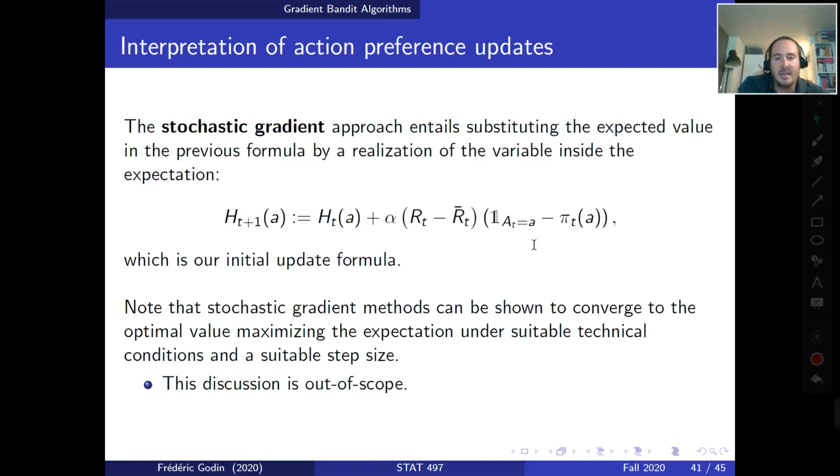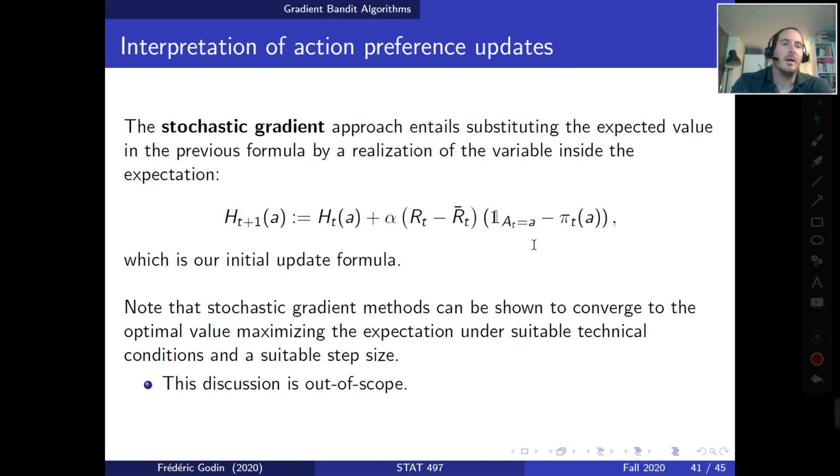About stochastic gradient methods. Okay, so there's a whole theory worked out for stochastic gradient methods, and it can be shown under some suitable conditions that the stochastic gradient method will lead to an algorithm converging to the optimal expected reward.